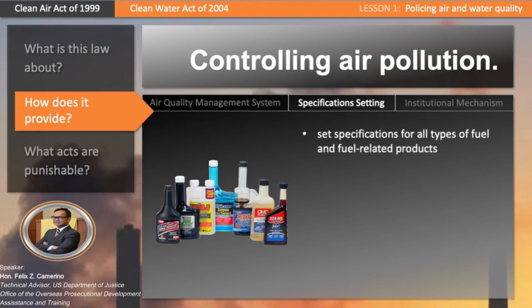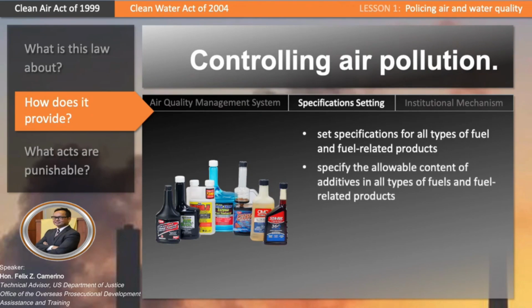Okay, so what we find in these provisions of this law is one that talks about, again, setting the specifications. And as I said, this is for fuels and fuel-related products, the additives. And we also find in these provisions that it provides for allowable content of additives.